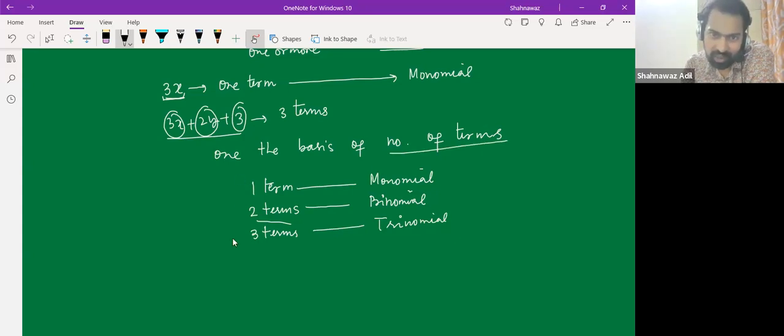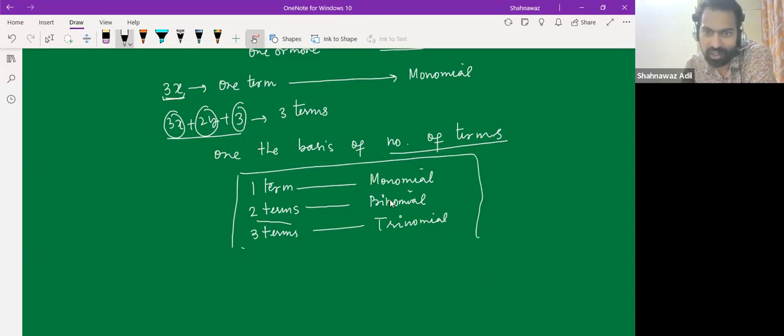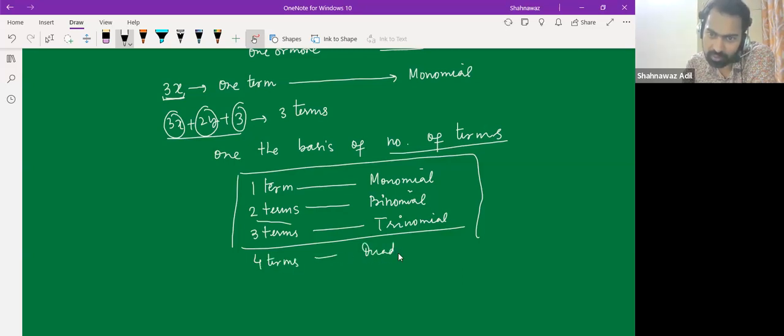We can have a different definition also, so we will see about that later. And when we have four terms, this will be called polynomial, and so on. So all these are examples of polynomials on the basis of number of terms.